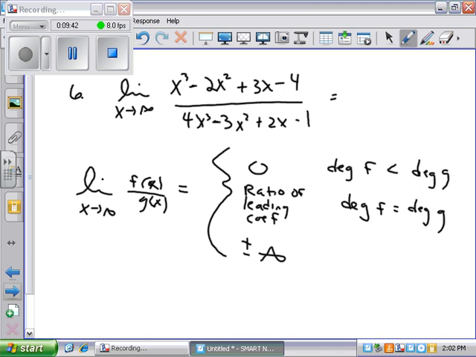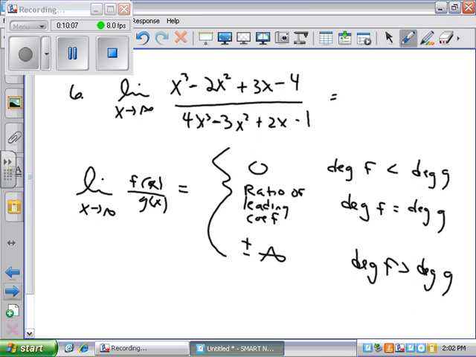When did we have to do long division in your class? We never did in this class. We did in the other class, because in here, when we did this in the beginning, we divided through by the highest power of x, and then we took the limit. And then we boiled it down to these three cases.